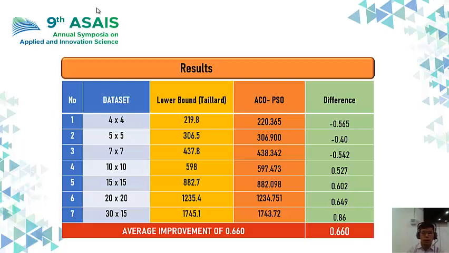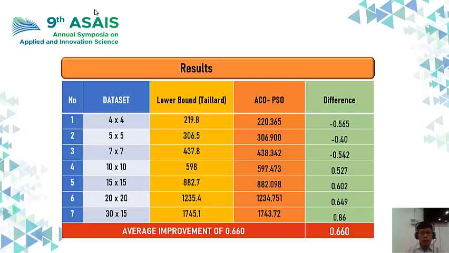The job shop problems were solved using the hybrid ant colony optimization and particle swarm optimization algorithm. The dataset from the Taillard benchmark problem can be found in the appendix. Each dataset was processed 10 times for each algorithm with predetermined parameters.